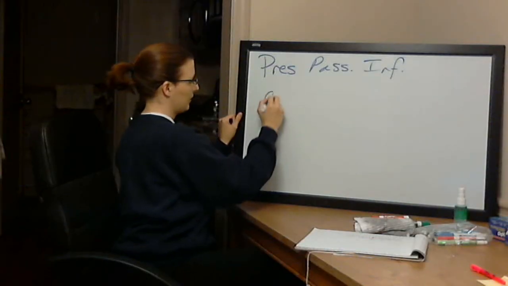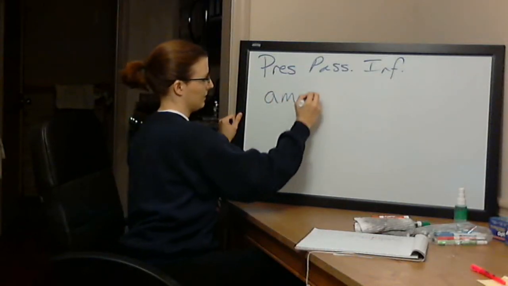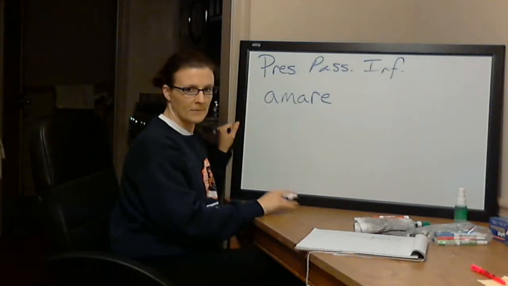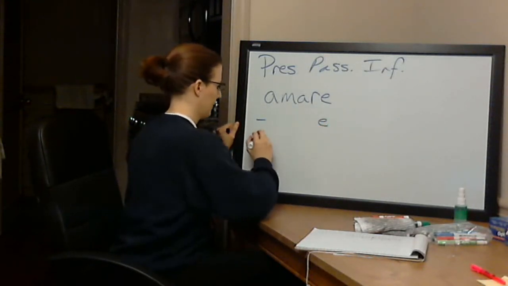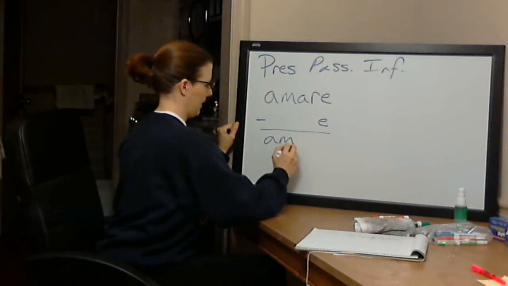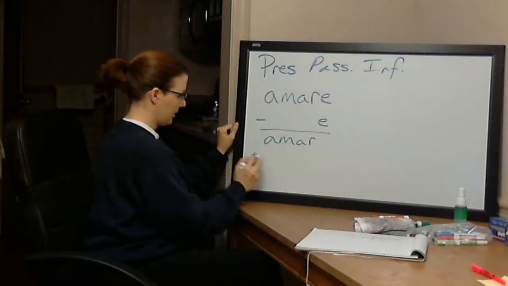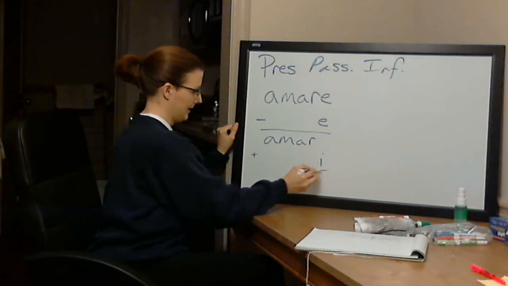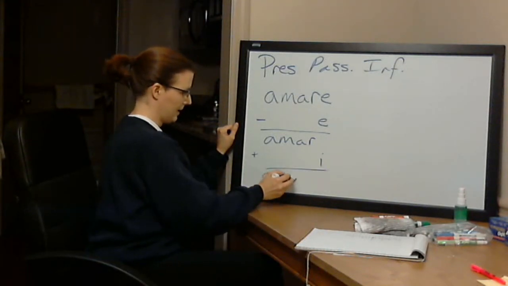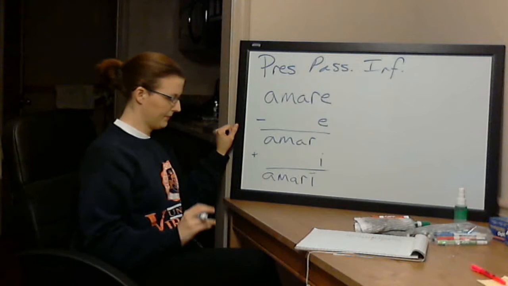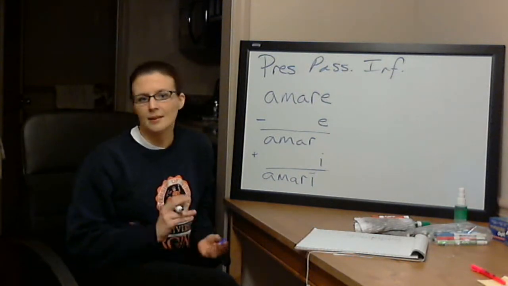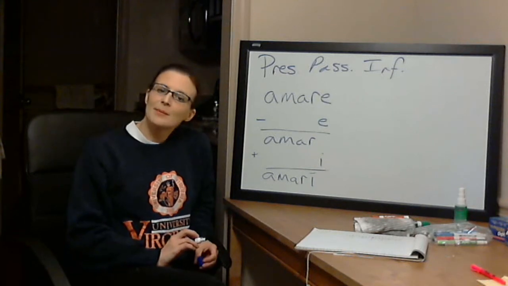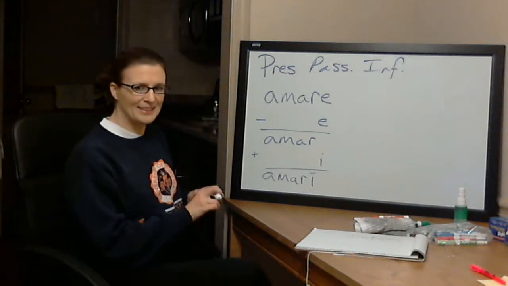All you do is go to that second principal part, amare, and we are going to subtract the E, which gives us amar. And to that, we're going to add an I, which gives us amari. Technically a long I, but the macron will only matter for scanning, and as you've already been told, that macron's going to disappear at some point.